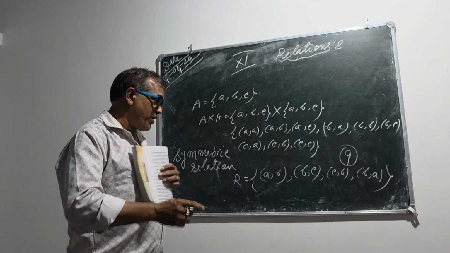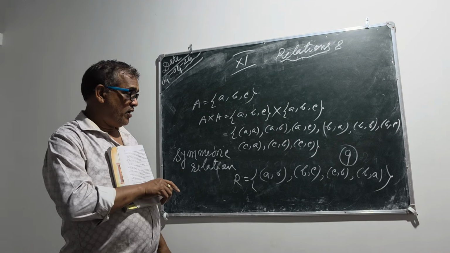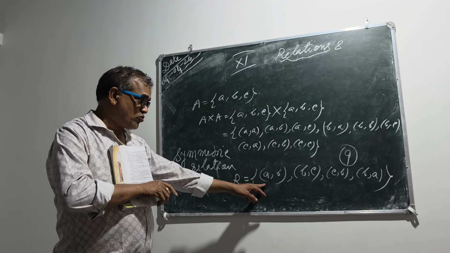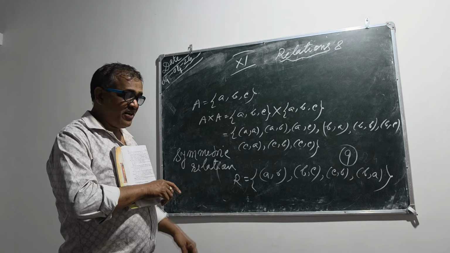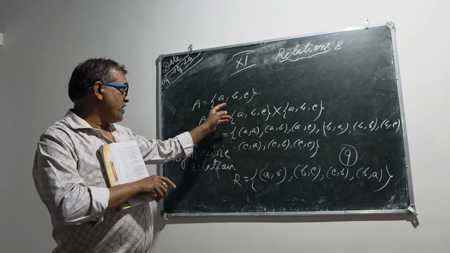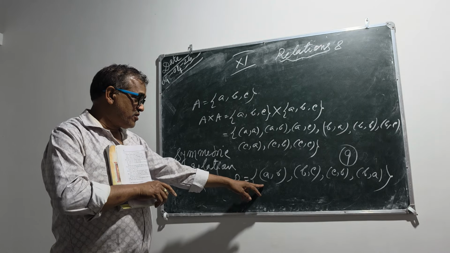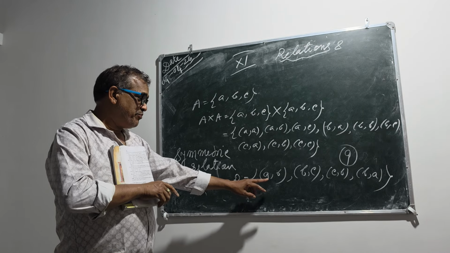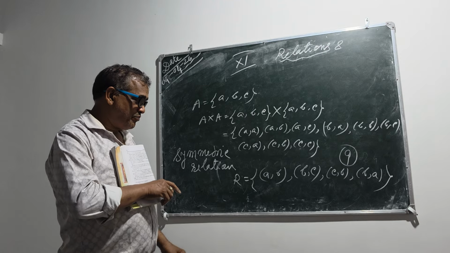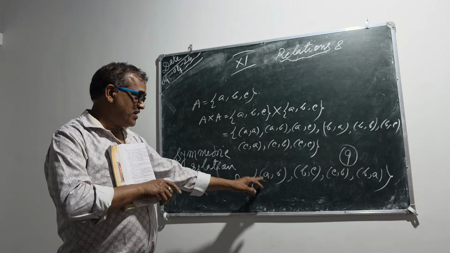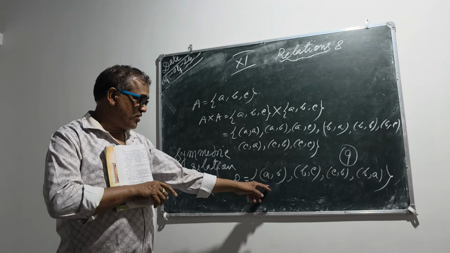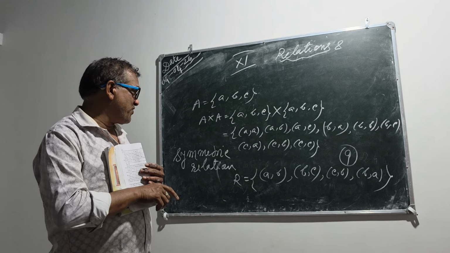Here for each and every ordered pair there should be its inverse ordered pair also, then it will be a symmetric relation. For each and every element of A it is not necessary, but whatever ordered pair is given, its reciprocal also must be present in that relation, then only it will be symmetric. So this is one example of a symmetric relation.